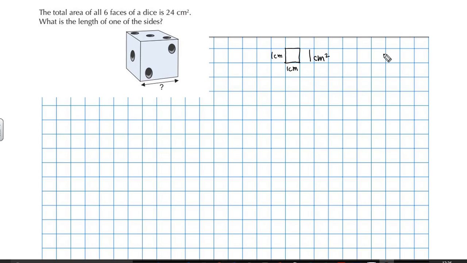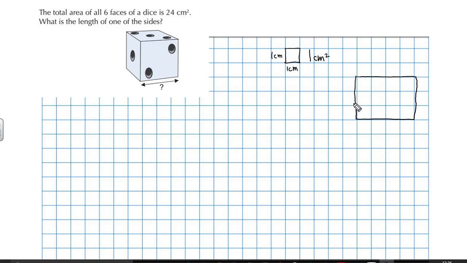So let me draw a shape. Here this time I'm drawing a rectangle, and I want to find out how many of my unit squares fit inside my shape. Now, what is the length of this side?